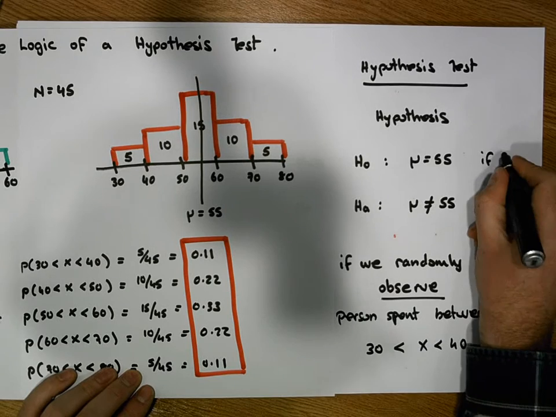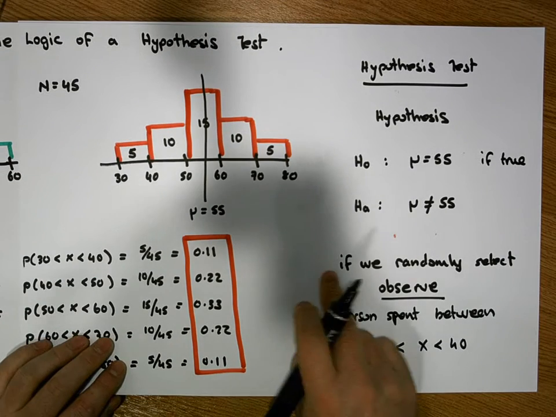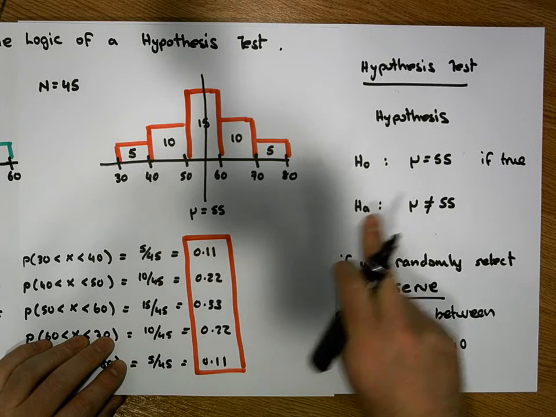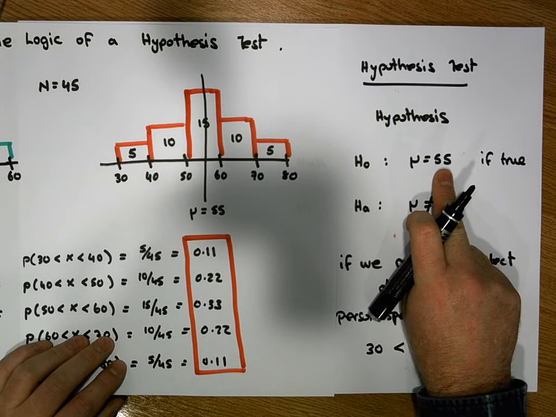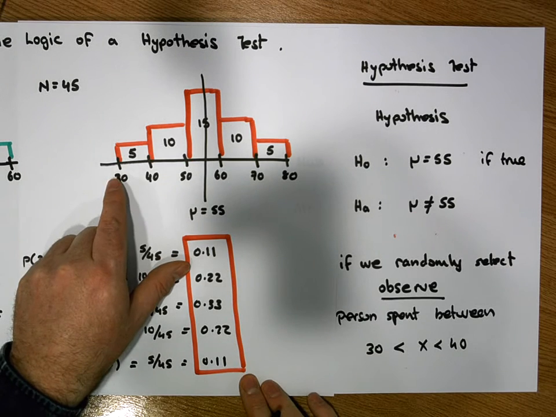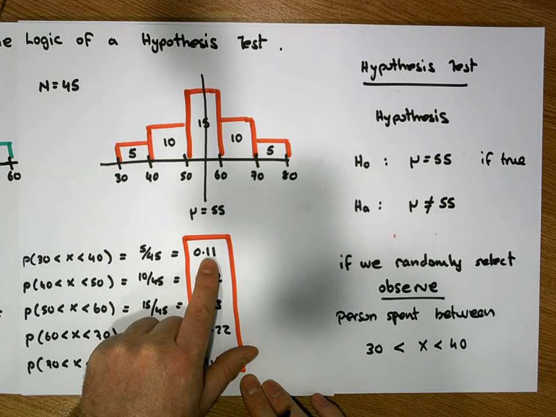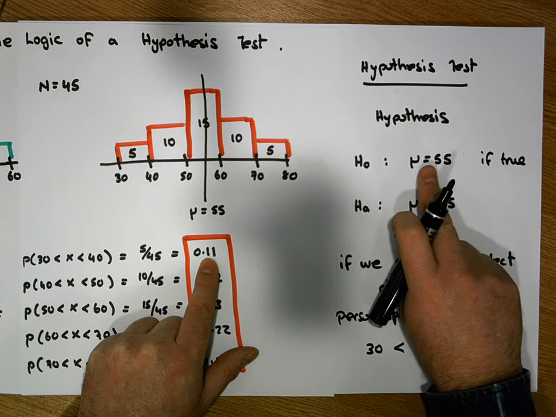So really what we're saying is, if the population's distribution is truly centered on 55, the probability of us observing somebody that spent between 30 and 40 euros would be very, very small. That's if this was true.